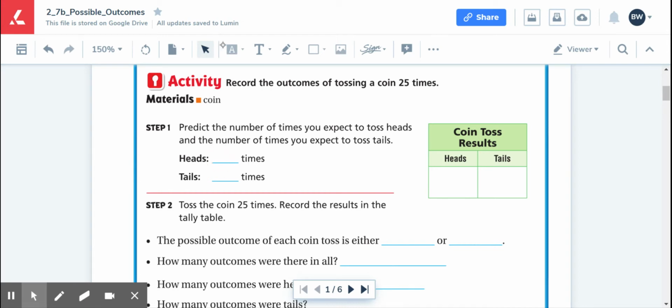about, let me put mine on there. I tossed heads about 12 times. And then I tossed tails about 13 times. Let's see if I can use my mouse instead.